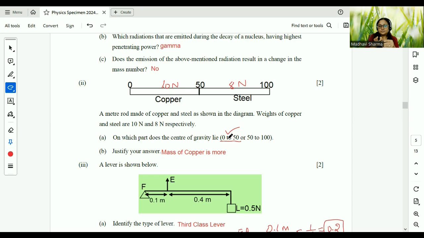Okay, I killed it. Look. So the cap part is very less and this side is more. So whatever is heavy, that side gravity pull is more. So the center of gravity shifts towards the heavier side. Justify your answer. Mass of copper is more and actual explanation I just gave you.